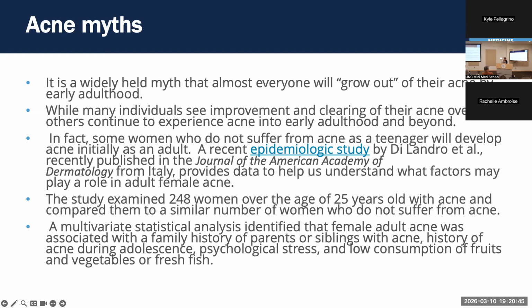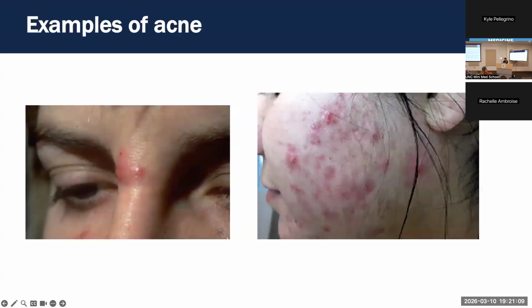There was a study that looked at adult women over 25, and quite a bit of them had acne, and they looked at some potential correlations, maybe genetics, like it ran in the family, maybe some association with what they ate, but we don't fully understand all the causes of acne too well, to be honest. But the big thing to know is that you don't necessarily grow out of acne, so it is worth seeing a dermatologist if you are still getting acne.